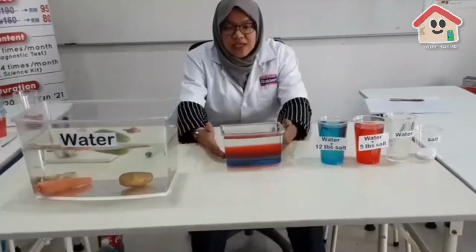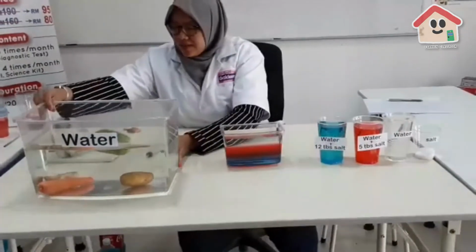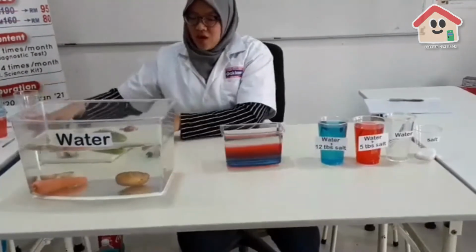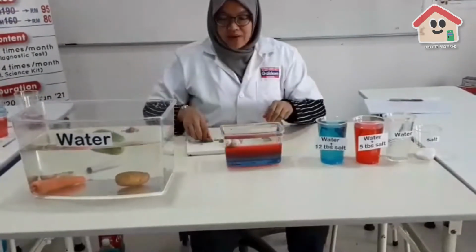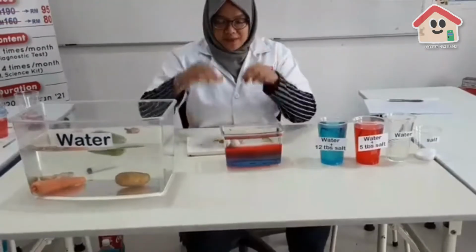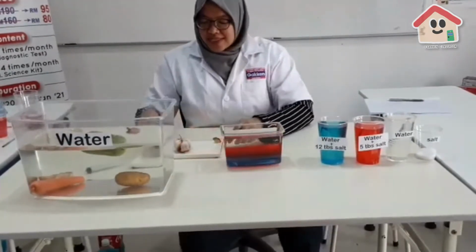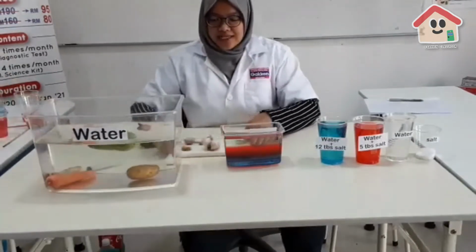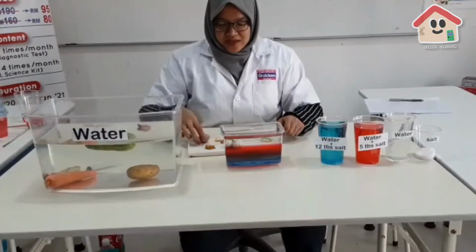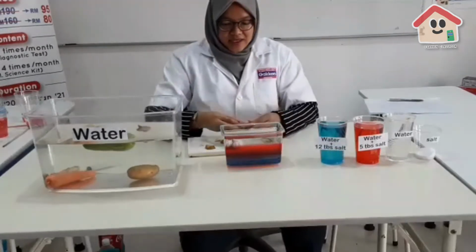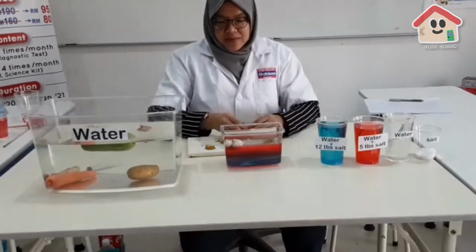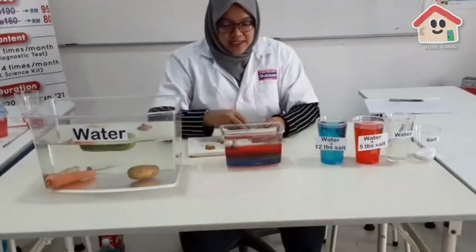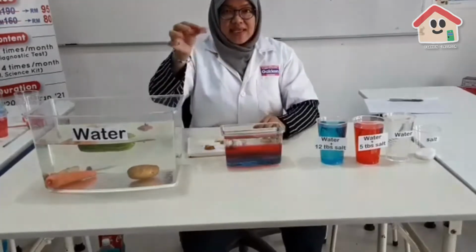For these vegetables, we are using all the same vegetables, but I already cut them into small pieces. Let's start with onion. I just take a small one, because this time it is a bit smaller than this one.